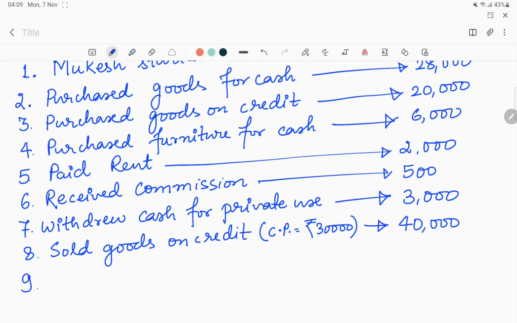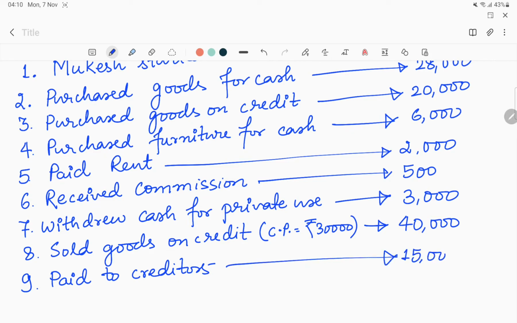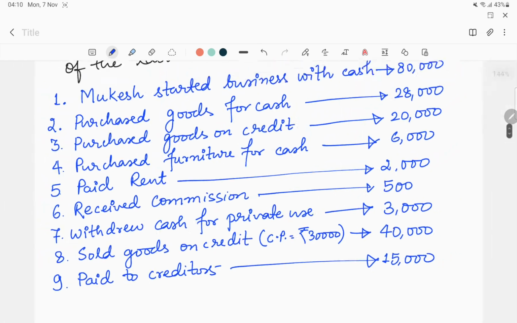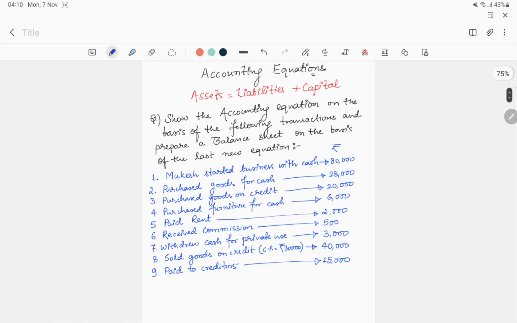And the last data is given as he paid some money to creditors, which is 15,000 rupees. So these are the data given here.